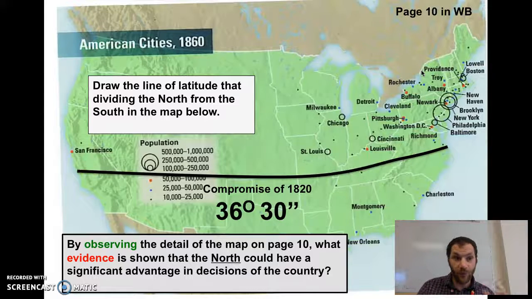So this created a huge advantage for the North when it came to the Civil War. We had a lot more people living up there, and because of that, we had a lot more soldiers and a lot more supplies, and that became one of the main reasons that the North won the Civil War.